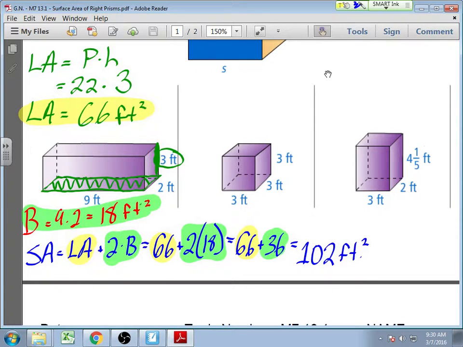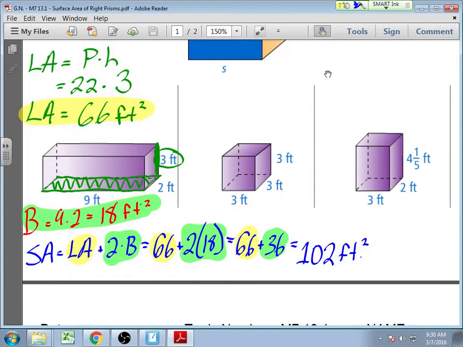But when I look at what the lateral area will be together, it's one rectangle. This bottom length of the rectangle is determined by the perimeter of the base, because when I unfold these, their total length is just the total distance around the hexagon. So by doing that perimeter, I essentially find the length of the rectangle, and then I multiply by the height to find the area of the rectangle.